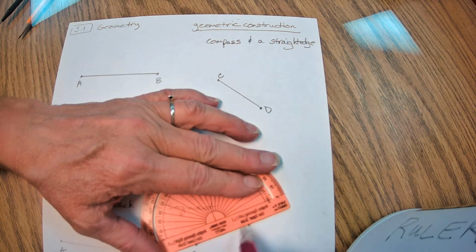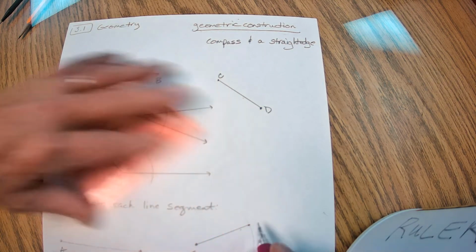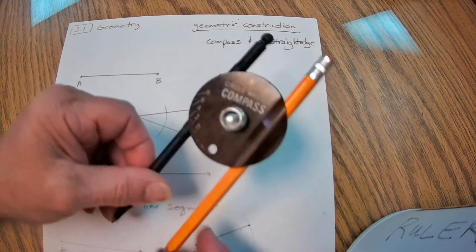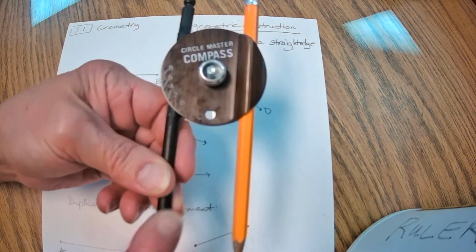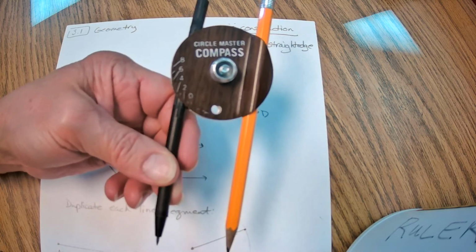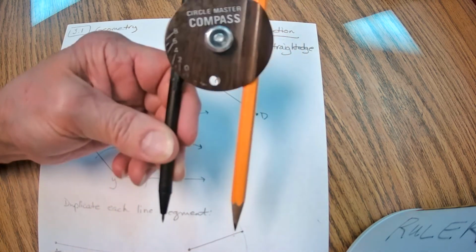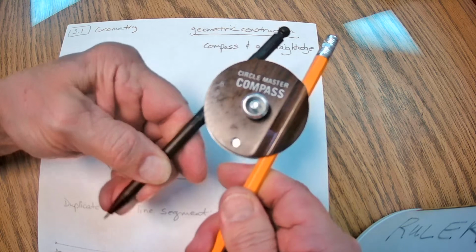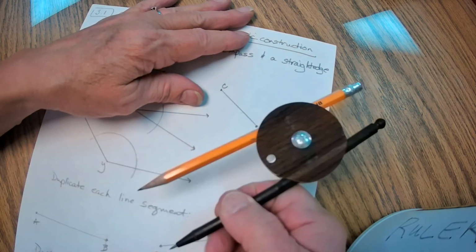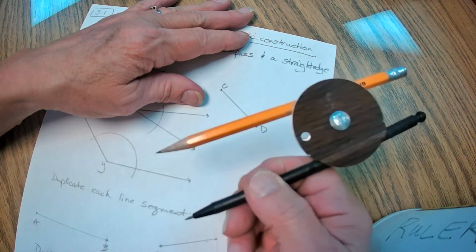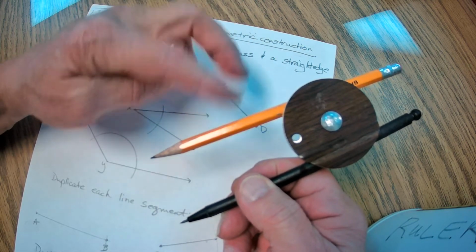Couple pointers when you're dealing with a compass like this. Only touch the pointy part. Don't mess around with the pencil, only to make it bigger or smaller. But when you're doing construction, only hold on to the pointy part. Don't hold on to your pencil.